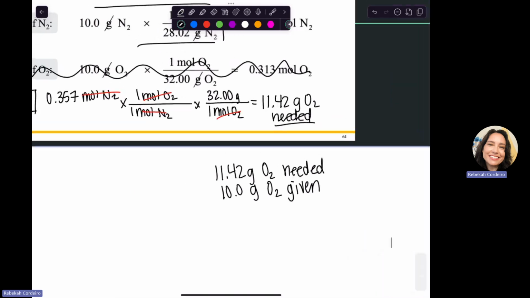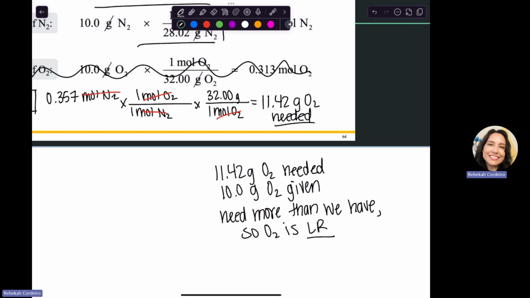We need more than we have. So O2 is your limiting reactant because we need more than we have. We don't have enough. So it was the one that will limit you.